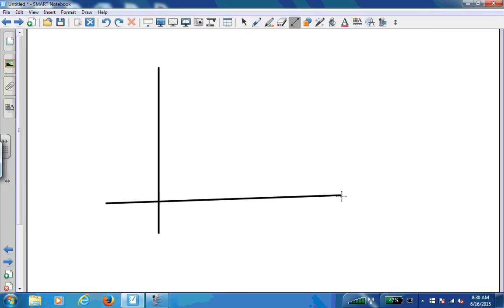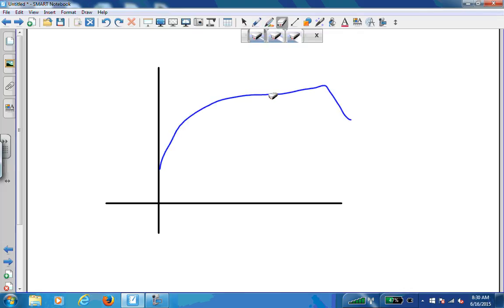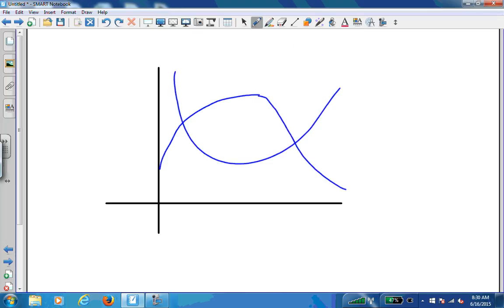Now, sometimes they'll give us two functions, and they'll say, find the area between the functions, and they won't tell us what a and b are. They'll just say, find the area in between there. So if we look at that, let's say this function is f and this one is g. Well, these will be our a and b values.